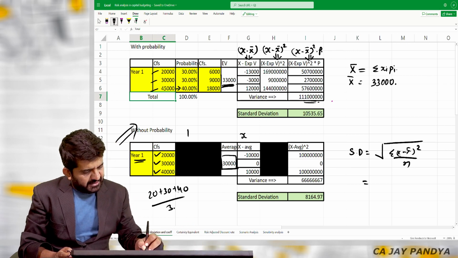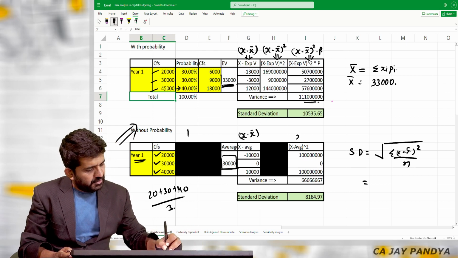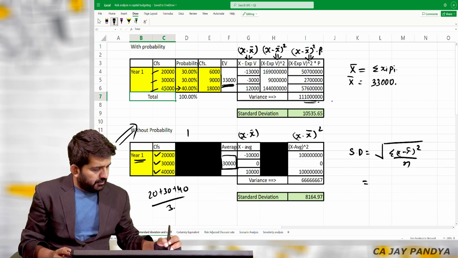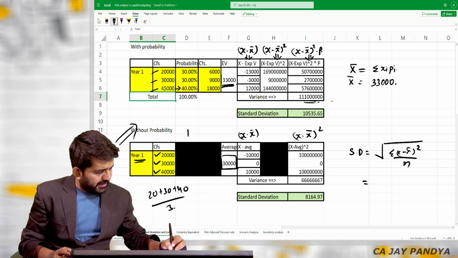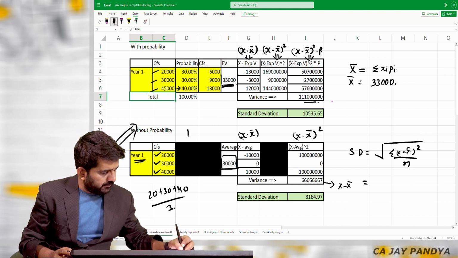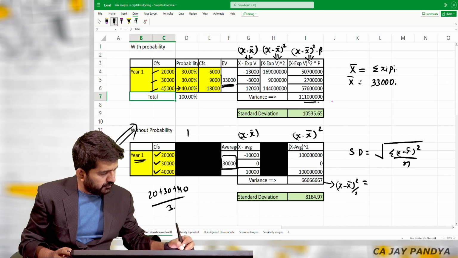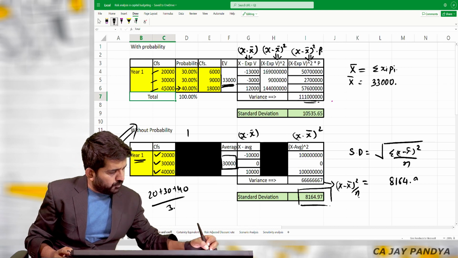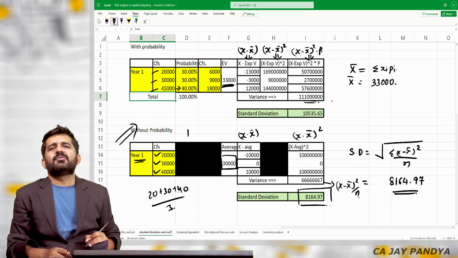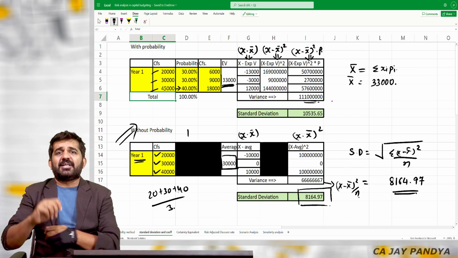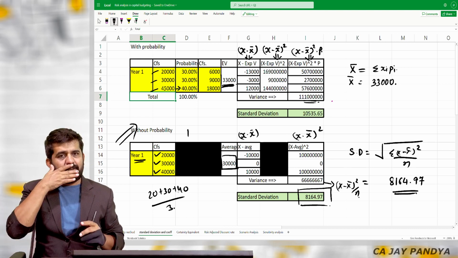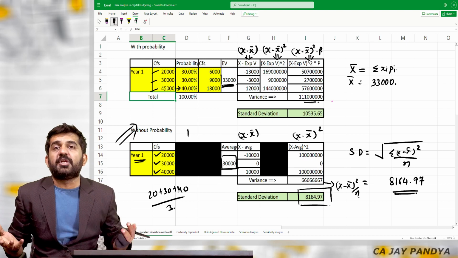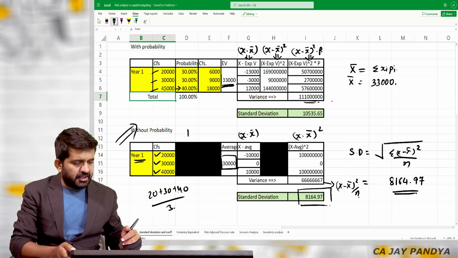This is x minus x bar, this is x minus x bar whole square, this is x minus x bar whole square upon n, and I have done under root. What is coming? 8164.9. So if probability is not there, you can take probability as equal and find out the answer. We can find out the standard deviation of every project and measure the risk.